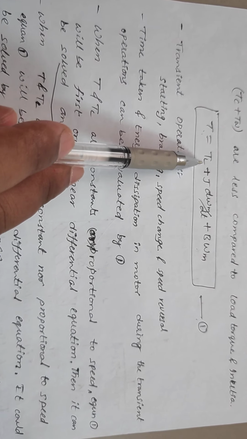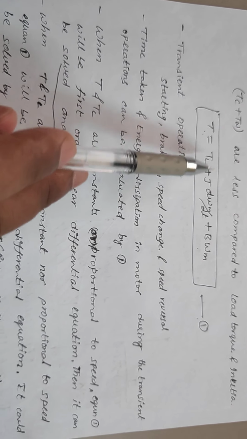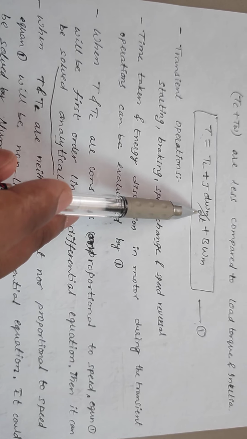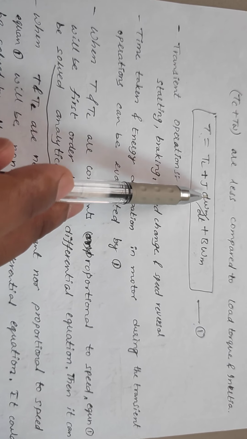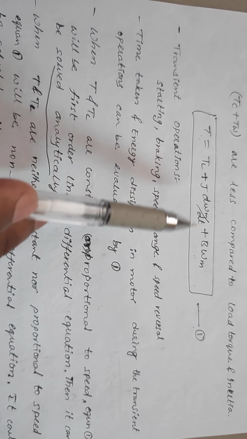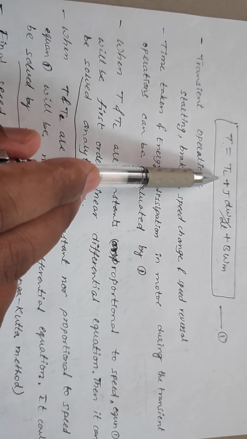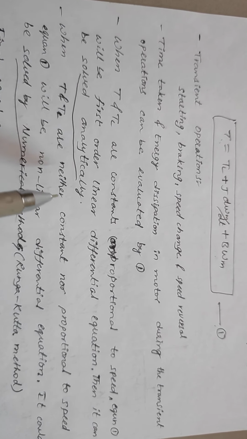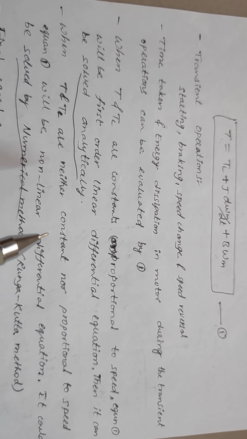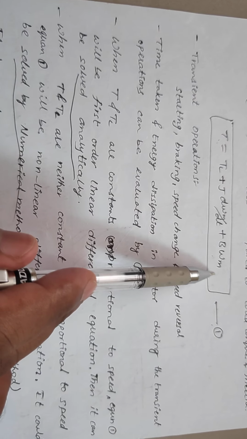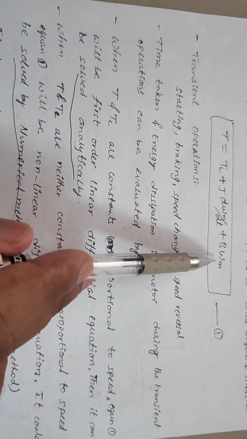If T and TL are constants or directly proportional to the speed, then this entire equation will become a first order linear differential equation, and we can solve it analytically. In case T and TL are neither constants nor proportional to the speed, then this equation will become a non-linear differential equation.